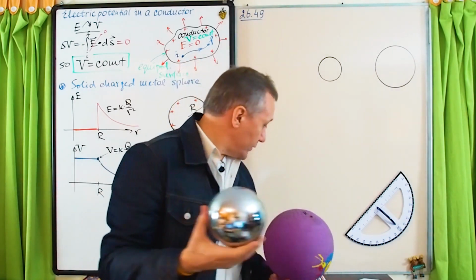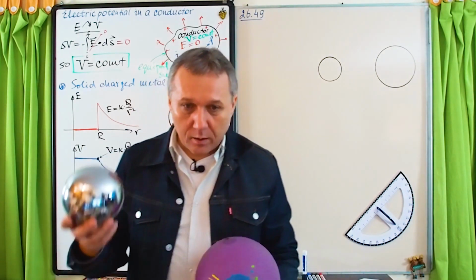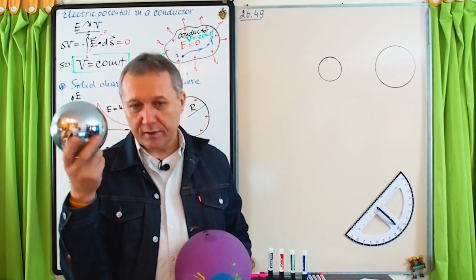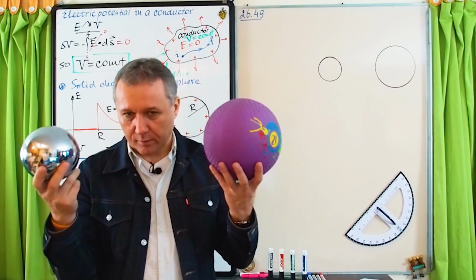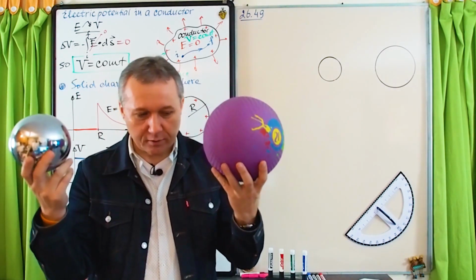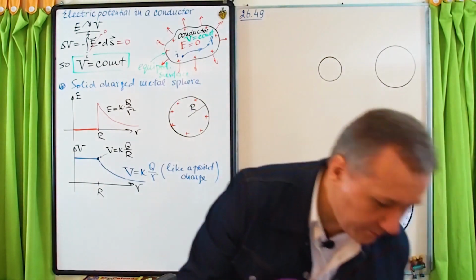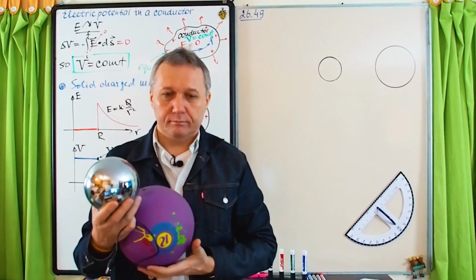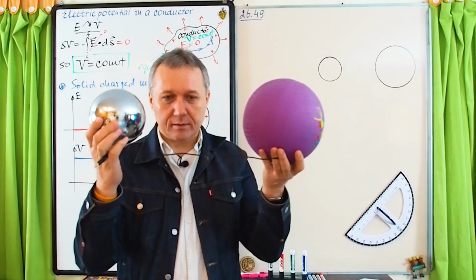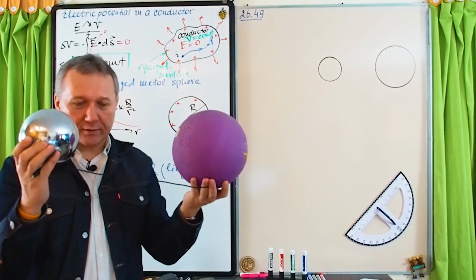First, let's assume that this smaller sphere is charged and this one is not. Then, at some moment, we'll take a long cord and connect these two spheres.